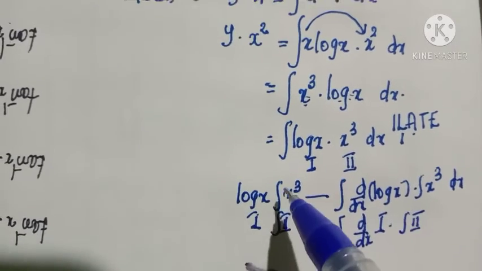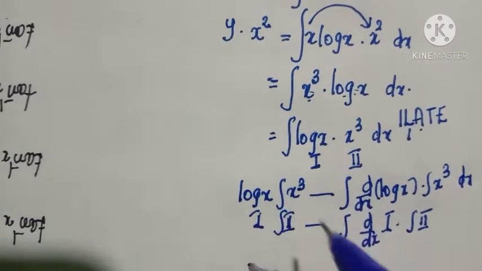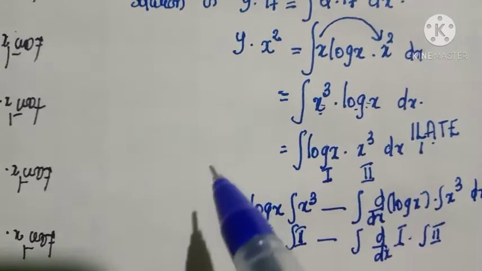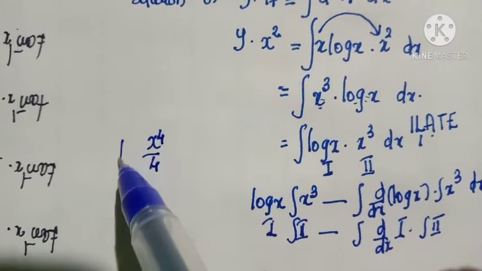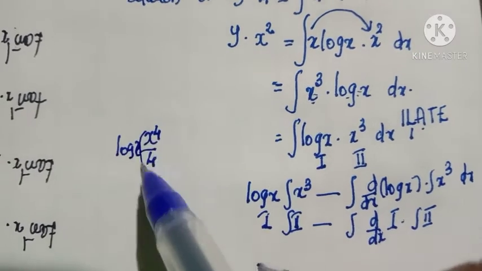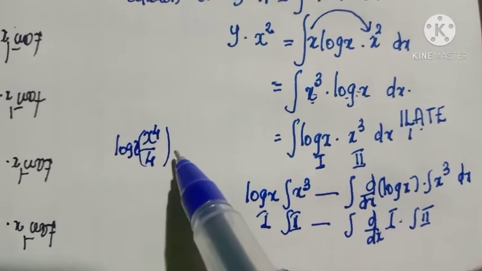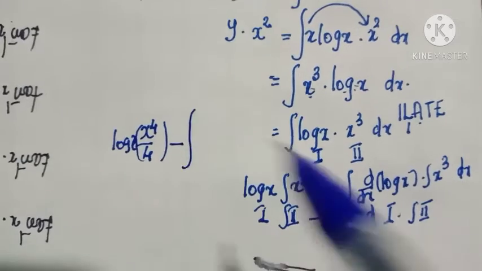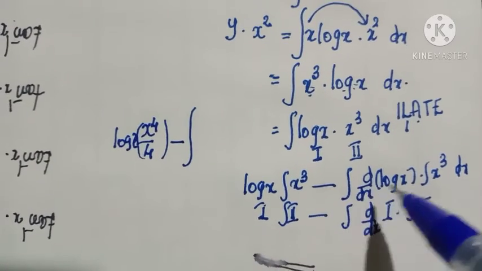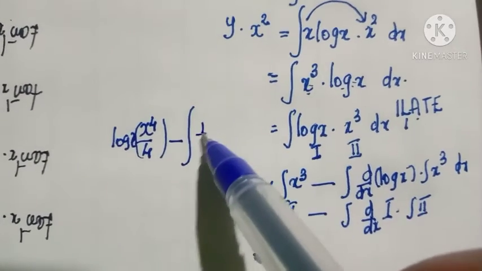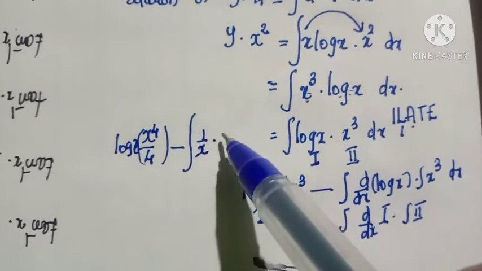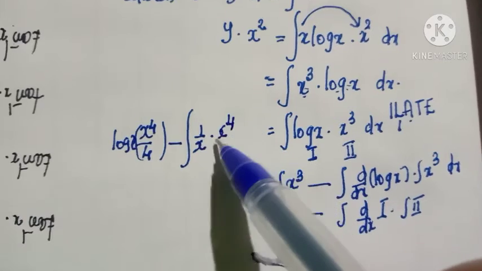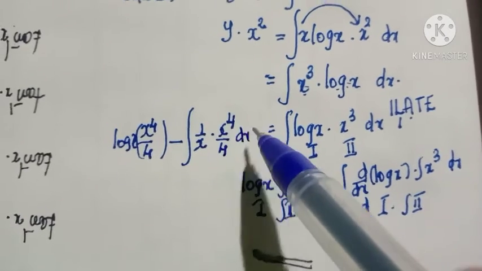So log x into the integral of x³. What is the integral of x³? x⁴ by 4. So log x into x⁴ by 4, minus the integral of d by dx of log x, that is 1 by x, into the integral of x³, which is x⁴ by 4, dx.